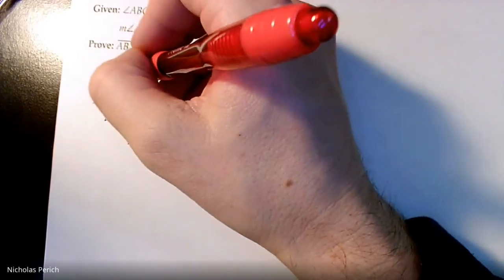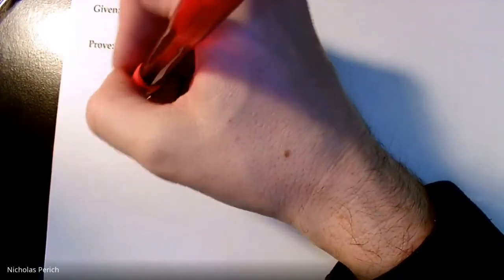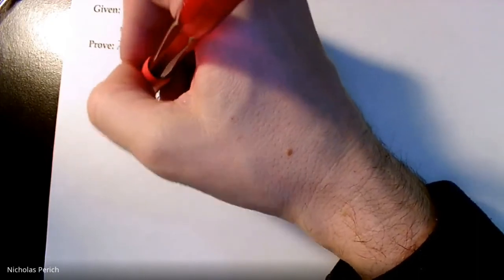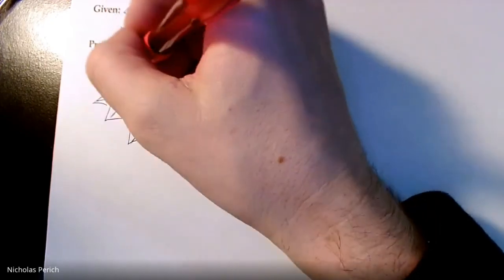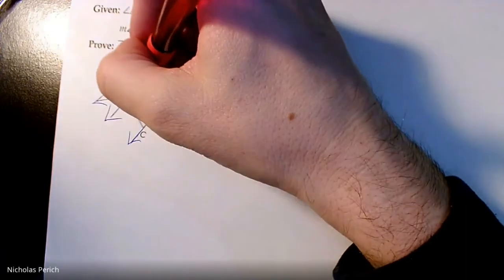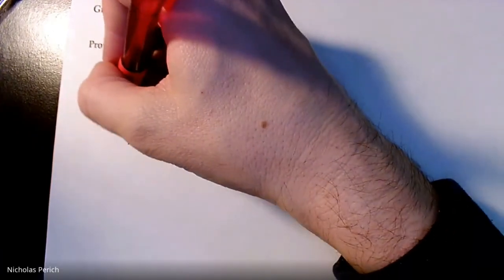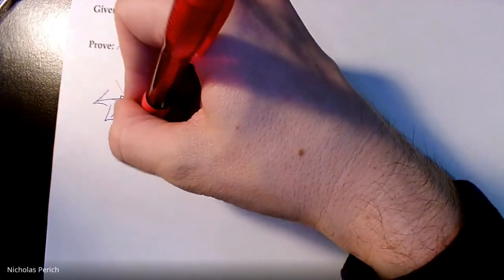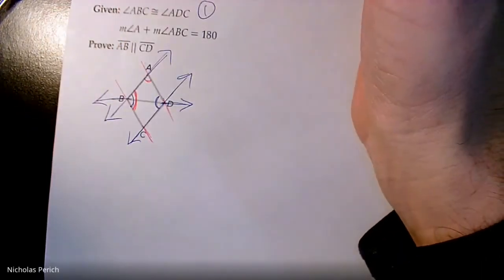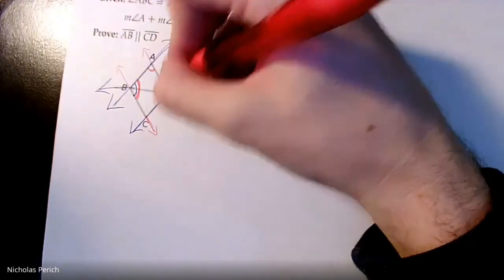So what that tells us is these two are consecutive interior angles of AD and BC. So that's my step one.